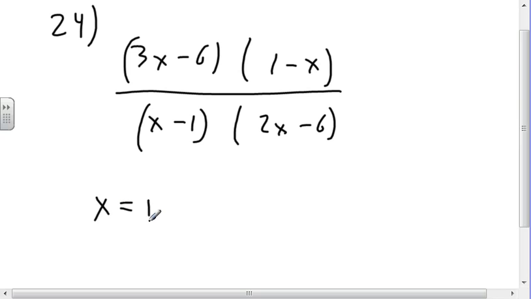So clearly, if x is 1, I have a 0 on the top, 0 on the bottom. Can I make 3x minus 6 zero at the same time I make 2x minus 6 zero? No, I won't be able to do it. Wait a minute, which one am I doing? I want an indeterminate, so I have to have a 0 on top and on the bottom.